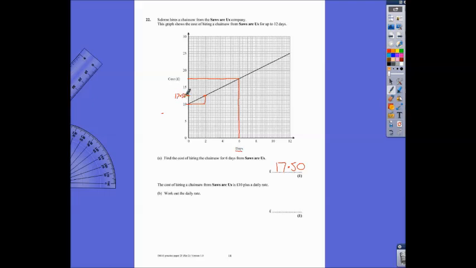So for 2 days, it must have cost me £2.50. That's for 2 days. So for 1 day, if we half that, that's £1.25. So the daily rate is £1.25. So you're getting charged £10 right at the start as like a hiring fee, and then every day you keep it after that, it's £1.25.